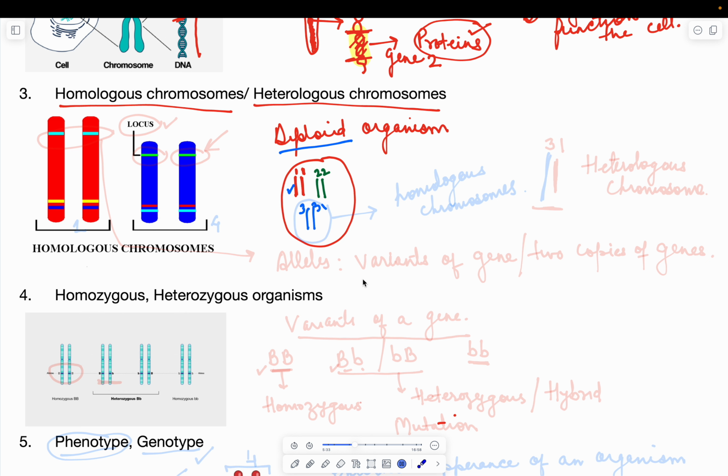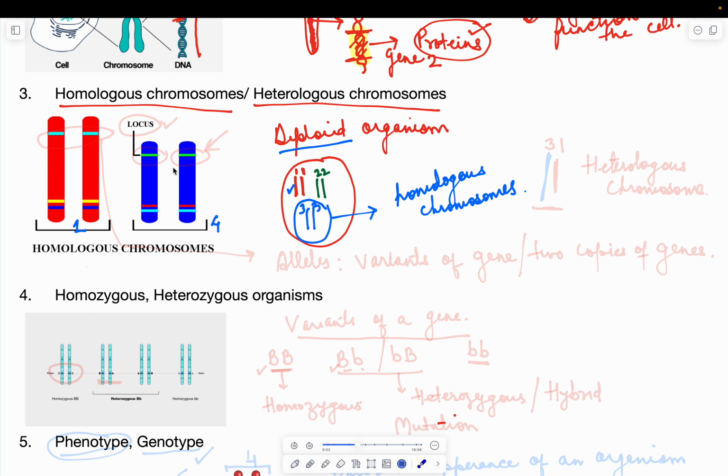So this pair is similar. This is known as homologous chromosomes. The pair of chromosomes is known as homologous chromosomes. In this picture you can see, say for example, this is the pair of chromosome 1, this is the pair of chromosome 4. So these two are homologous chromosomes, these two are also homologous chromosomes.